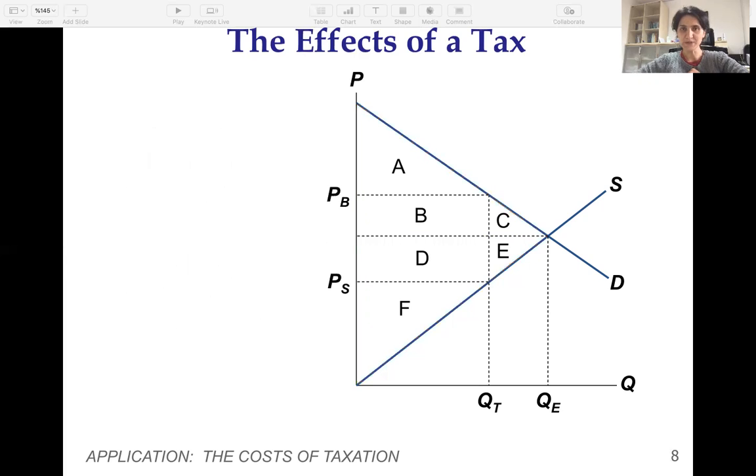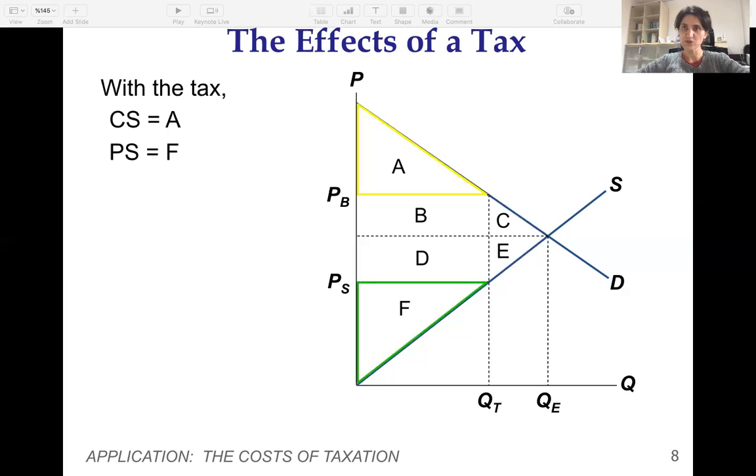Now after the tax, the equilibrium quantity falls to QT. Consumer surplus, which is the area between the price paid by the buyers and the demand curve, is area A. Producer surplus is the area between PS, the price obtained by the sellers, and the supply curve.